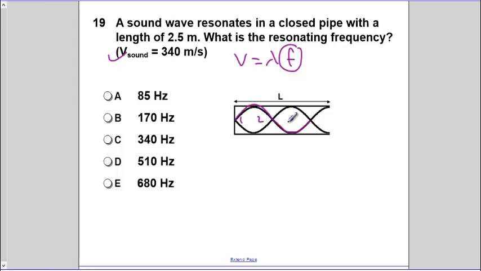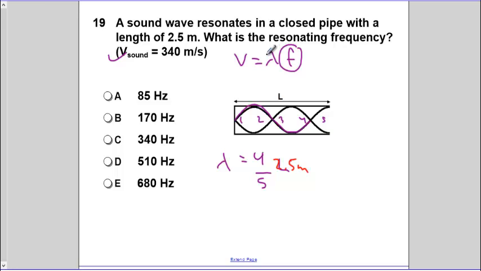We have 1, 2, 3, 4, 5, 5/4 of a wave. So lambda will be 4/5 of the total length, and that length will be 2.5 meters. 2 times 2.5 is 5, times 4 is 10, divided by 5 is 2 meters.